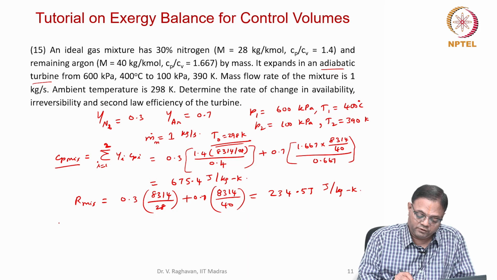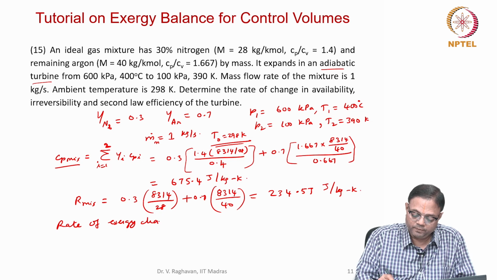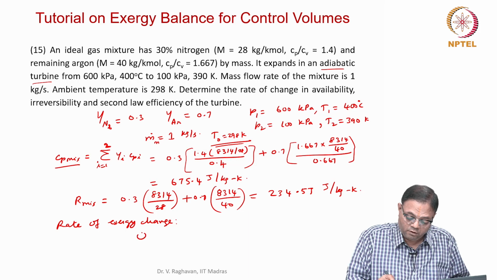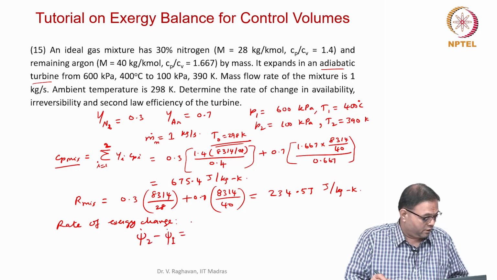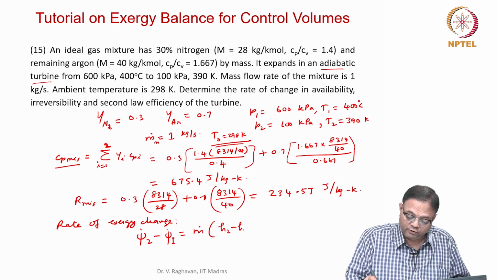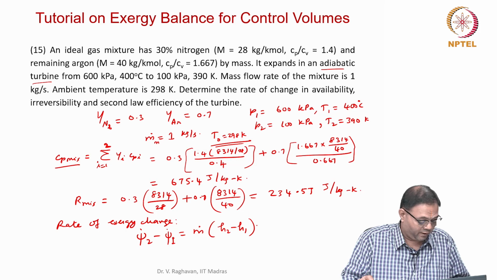Now rate of exergy change. Rate of exergy change, here, is Psi2 minus Psi1 equal to m dot into H2 minus H1 minus T naught into S2 minus S1.